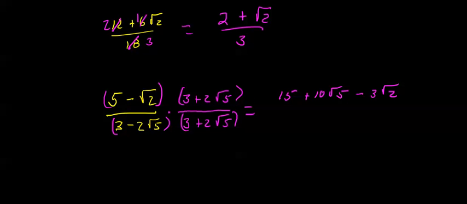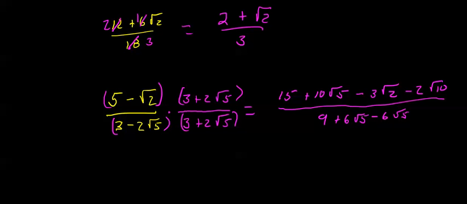And radical 2 times radical 5, we have minus 2 radical 10. All over 9, 3 times 3, 3 times 2, 6 radical 5, minus 6 radical 5, minus, always going to be a minus here, 2 times 2, 4, radical 5 times radical 5, 5, 4 times 5.